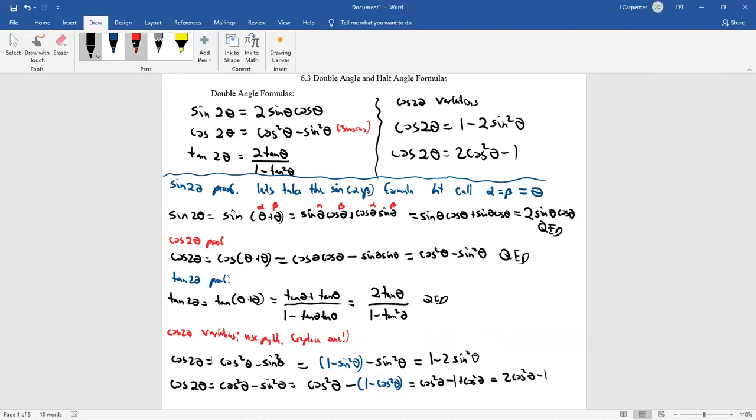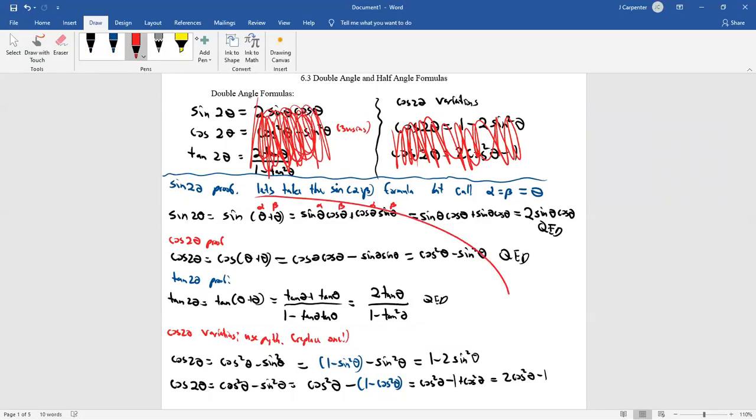But the point is, I don't need to give you these because if I give you this one, you should be able to find the other 2, just doing Pythagorean. That's a skill you should have. I don't have to give you any of these if I was a truly testing trig teacher, because you can find them all by doing all of this stuff. Again, these are all moving parts of the same machine.